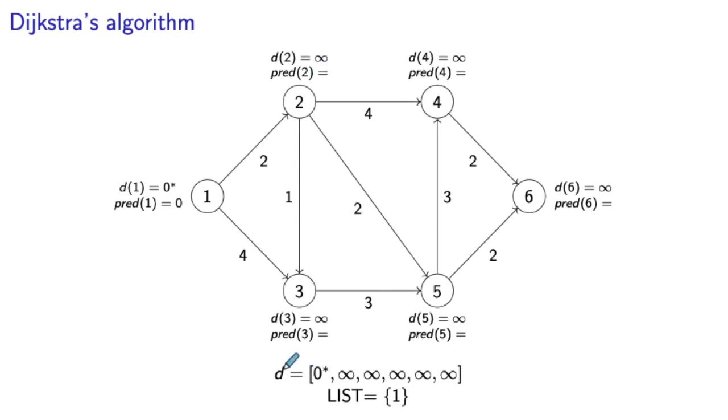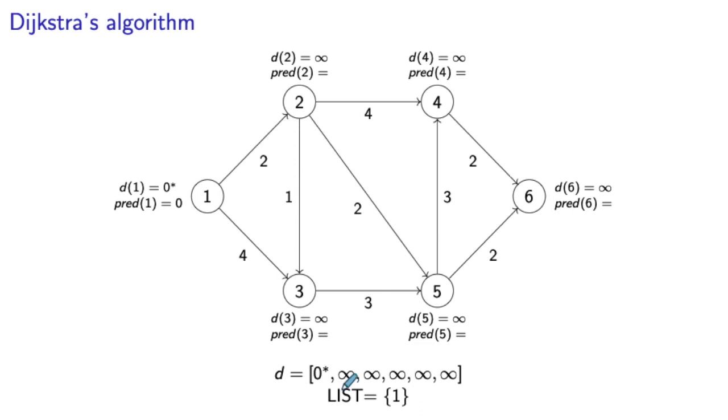Here we have all these distance labels summarized in the vector d, and then we also have the list of what we call the active nodes. The active nodes are the nodes that you already reached and which can still be used to improve the distance labels of other nodes in the network.